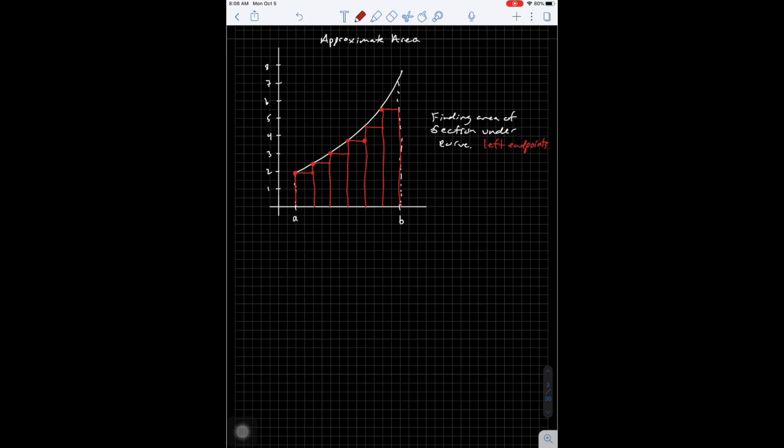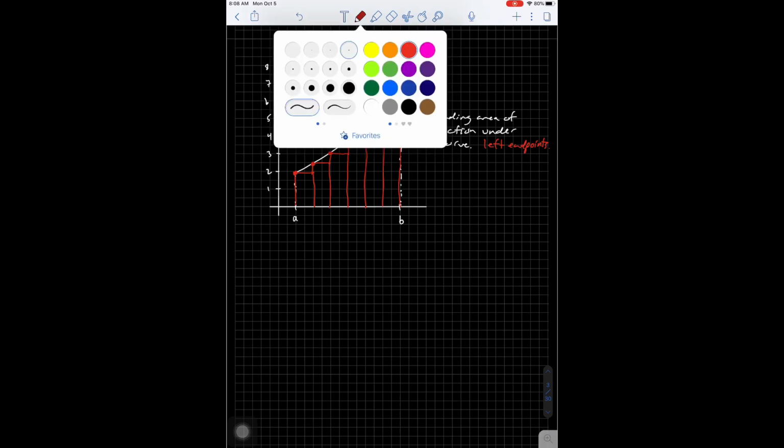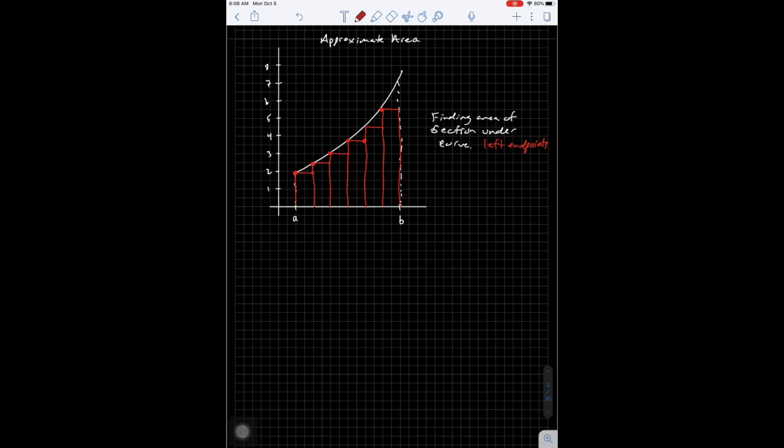Now let's talk about how to find these areas. It's just the area of a rectangle. So I'm going to take this width right here. Okay, anytime we take a width of something, we often call it dx or delta x, depending on where you are. So we call this delta x. That triangle means delta.